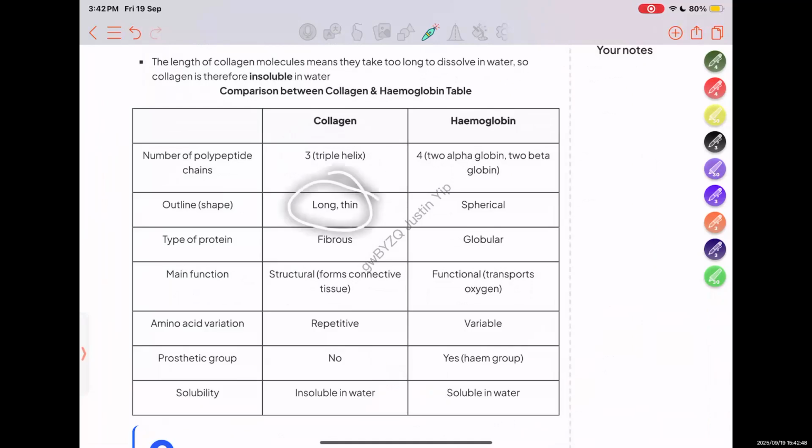Collagen is long and thin, while hemoglobin is spherical. Collagen is a fibrous protein, while hemoglobin is a globular protein.